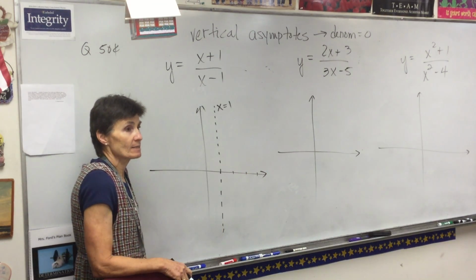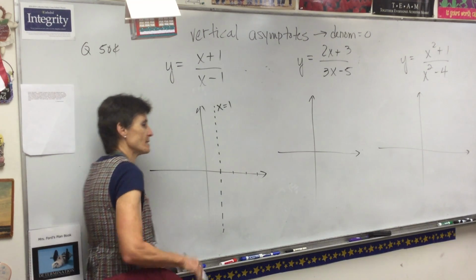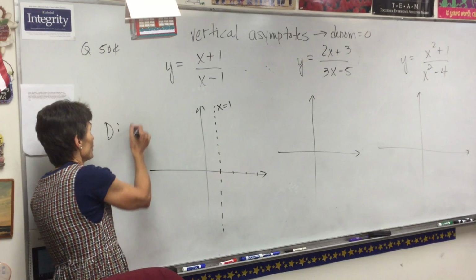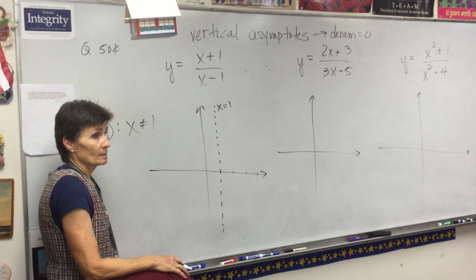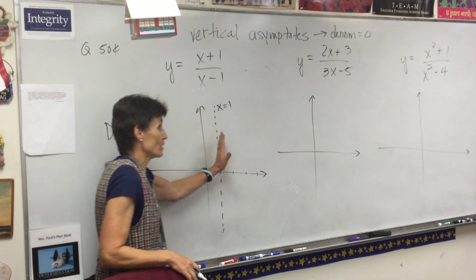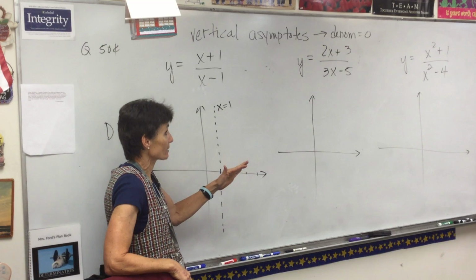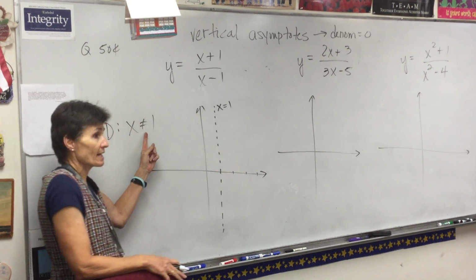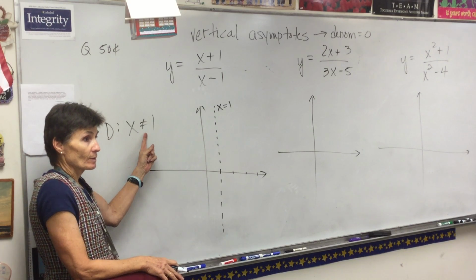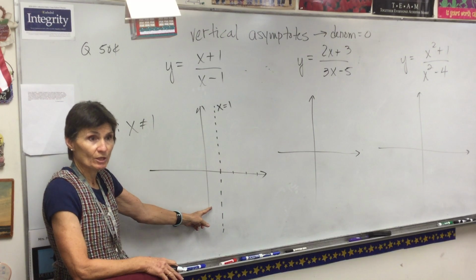Notice that if I said, what's the domain? You would say x can't be 1, because a vertical asymptote is a line that the curve approaches but doesn't intersect. So it's never going to touch where x is 1 because x can't be 1. Whatever your domain is, that's where your vertical asymptote is going to be.